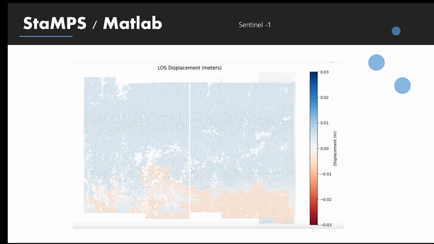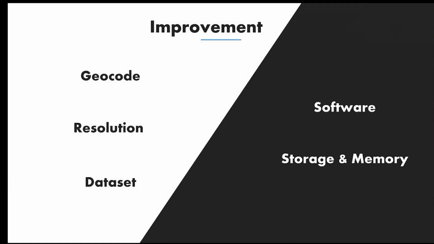Looking back, I do have a couple of suggestions if I were to do this again. First, I think geocoding should be done earlier in the process to make the results easier to interpret. And second, I used a pretty small dataset.